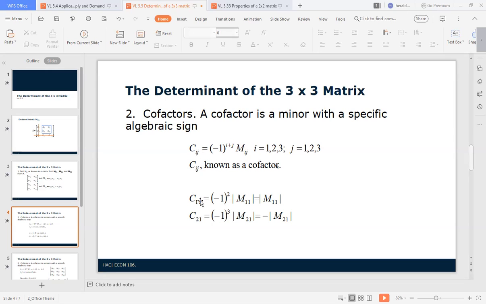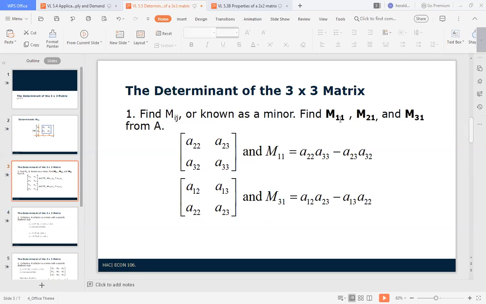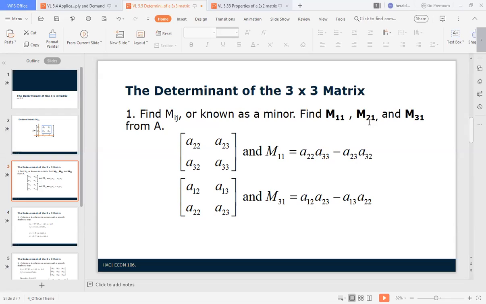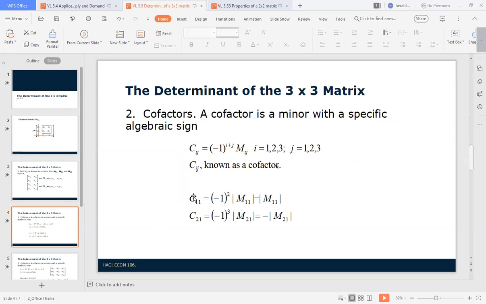If you're getting the cofactor for C11, take note, class, I am using M11, M21, M31 as our minors. Therefore, the cofactors would also be C11, C21, and C31. So C11 is equal to -1 raised to the power of 2 multiplied to the minor M11.